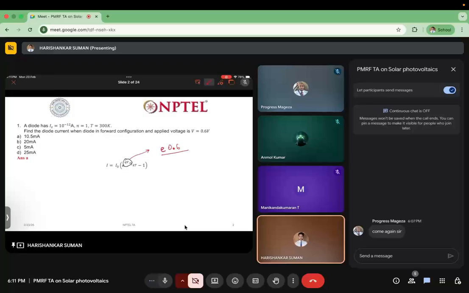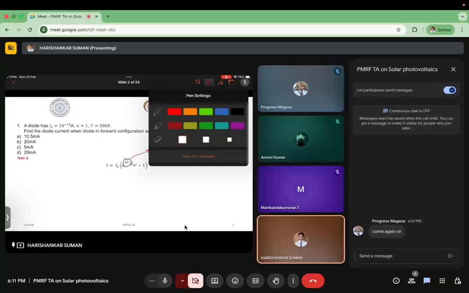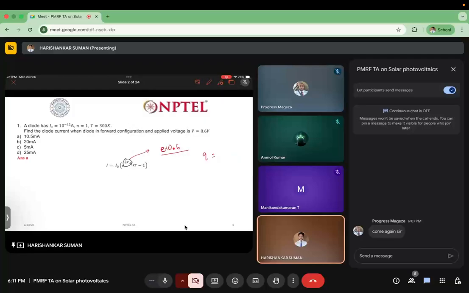Just put e, q is equal to electronic charge, e, and kT. So put the value of kT 0.026 electron volt, e into 0.6 volt. E is cancelled out, V is also cancelled out. So 0.6 over 0.026 you have to solve.